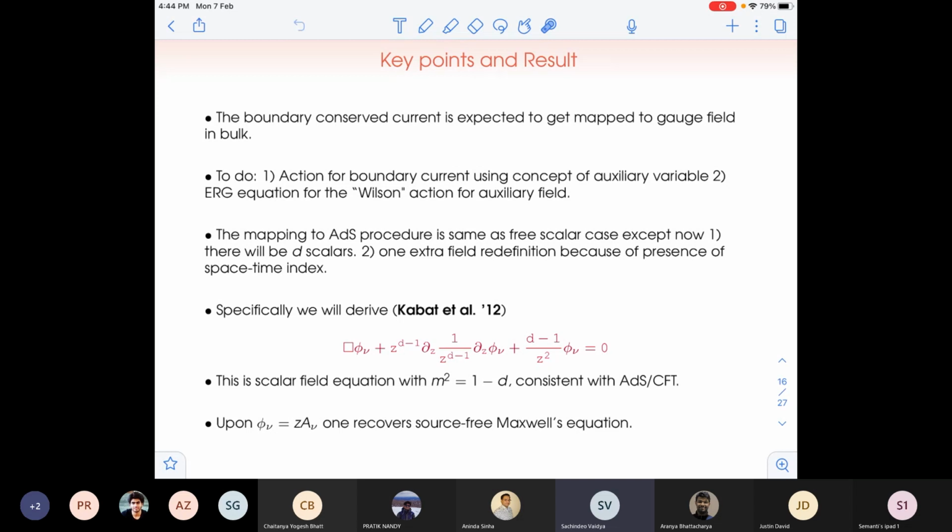Because if it were a massive gauge field, then of course there is no gauge symmetry, so the question of gauge invariance doesn't matter. So the question is, how can we see that the equation the authors got is not the equation for a massive gauge field, just written in some strange coordinates? You understand my question?